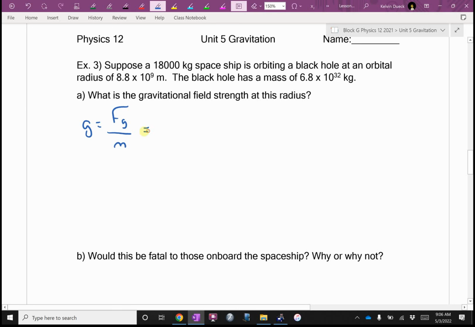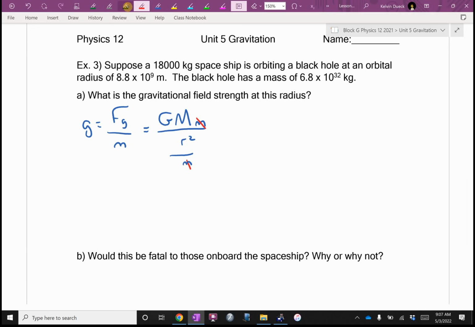So, Sarah, I guess it's going to be big G, big M, little m over r squared divided by little m. I guess gravitational field strength is big G, big M over r squared.